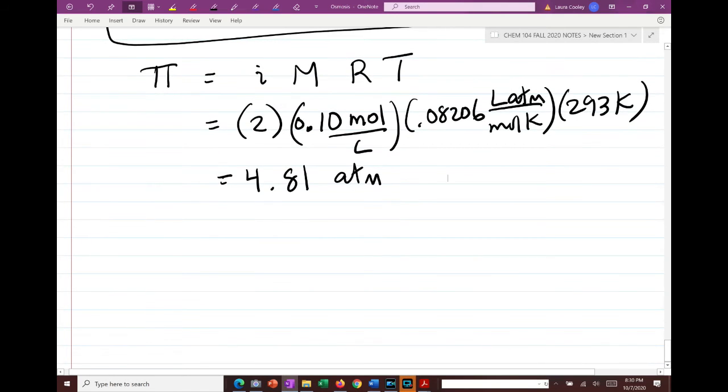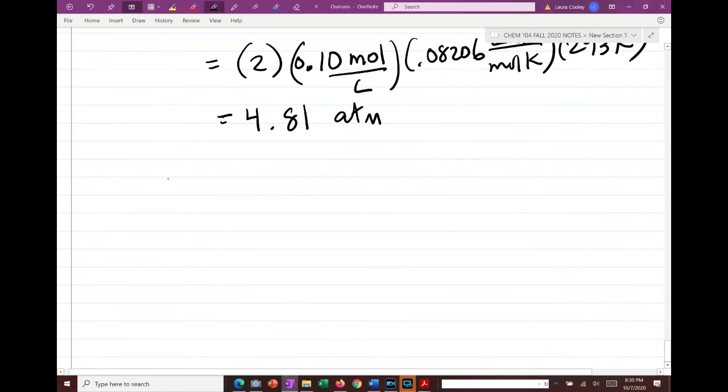In fact, I can't even fathom that a 10th molar solution of sodium chloride would exert such a high pressure. So let me show you why I think this is so amazing. What if we had a setup like this?